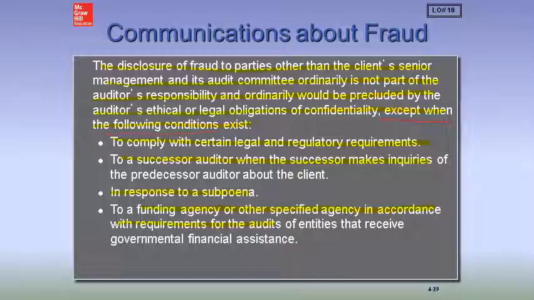So these are instances when we would report the fraud externally. Typically, it's going to go what? One level above. If it's a material misstatement, it goes to senior management and those charged with governance. If the fraud causes a material misstatement, and if it involves senior management, it's got to go to those charged with governance. It usually stays inside, but in these instances here, then we would also report that externally.